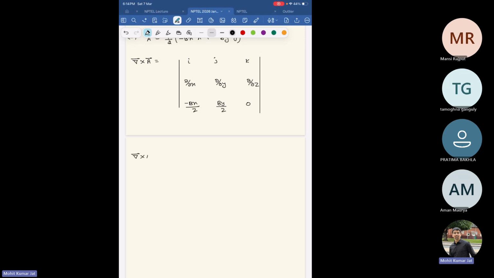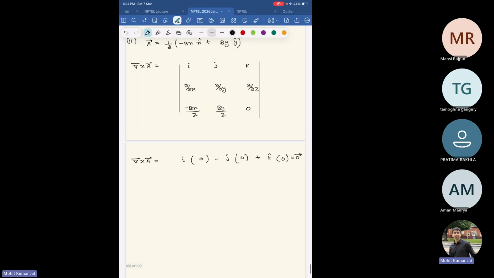So if we take curl of A, it turns out to be i cap minus b, and this is 0 essentially, minus j, this is also 0, plus k, and this is also 0. So this is also a 0 vector. This one is also incorrect.